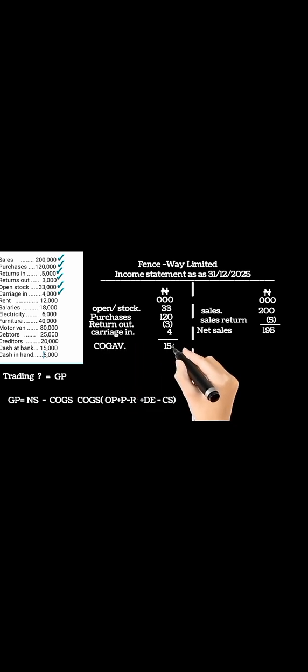What we do next? We look for carriage inwards, which is the direct expenses. We add it. If there are other direct expenses like wages or other things, we add them there. Then we have cost of goods available for sale. The cost of goods available for sale becomes 154,000.